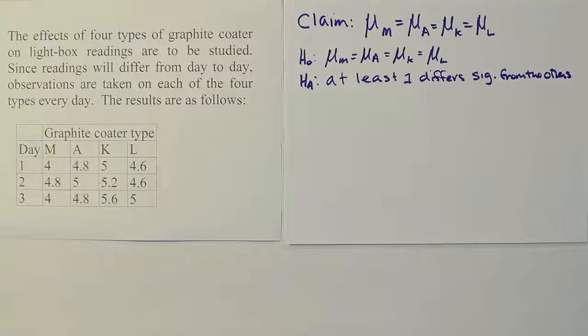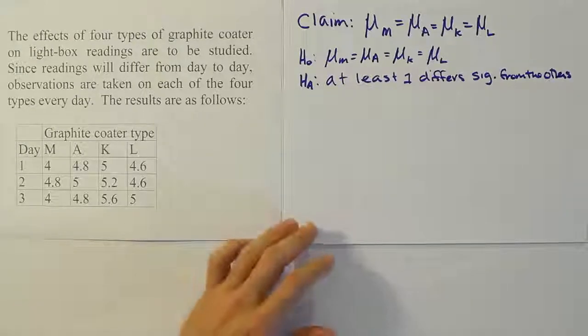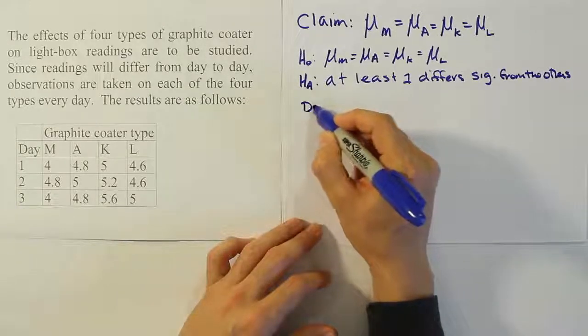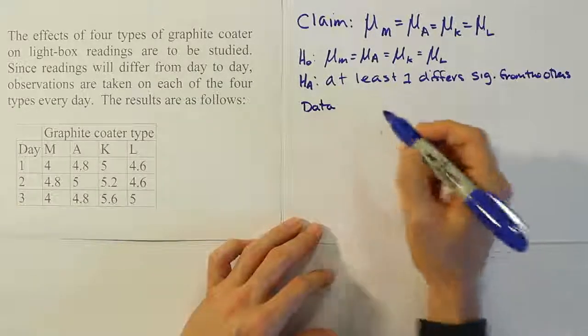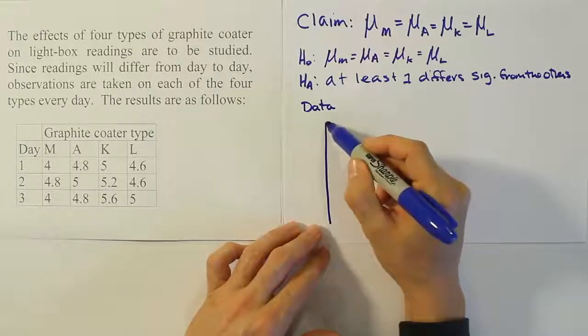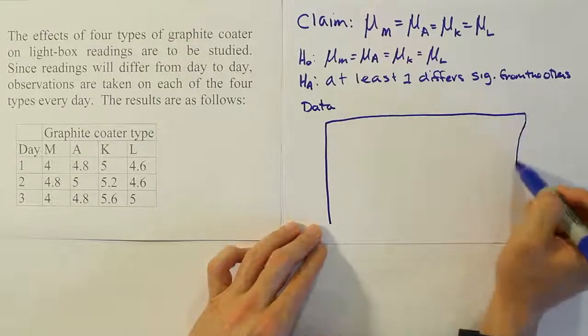All right, the next step of the problem then is going to be to work with the data. And the data step can be complicated, so remember we're going to have to basically work that out on a different sheet of paper, and we'll come back and fill in our results in the table. So I'm going to write here data, but what I really want to do is fill out the ANOVA table. So I want to draw the ANOVA table here, then we'll go get the numbers to fill it in.